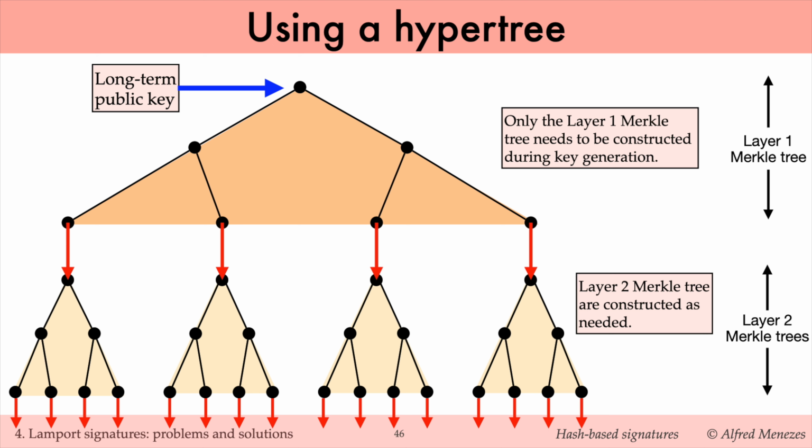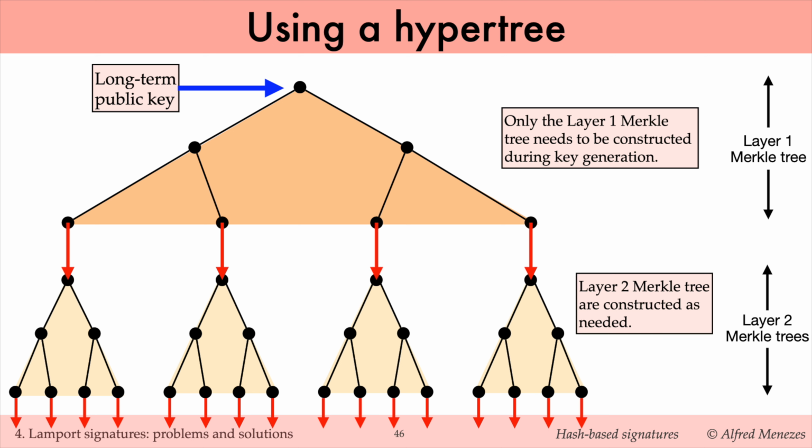One drawback of using hypertrees is that signatures are slightly longer and verification a bit slower, because the signature is now comprised of 2 OTS signatures instead of 1. On the positive side, hypertrees enable distributed signing. Different cryptographic modules can independently generate and manage their own layer 2 trees.